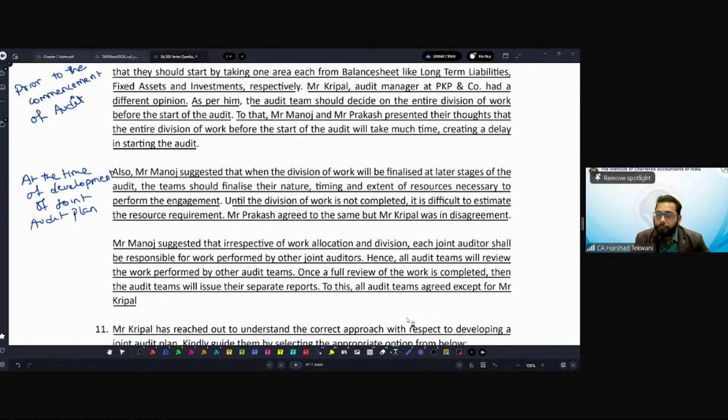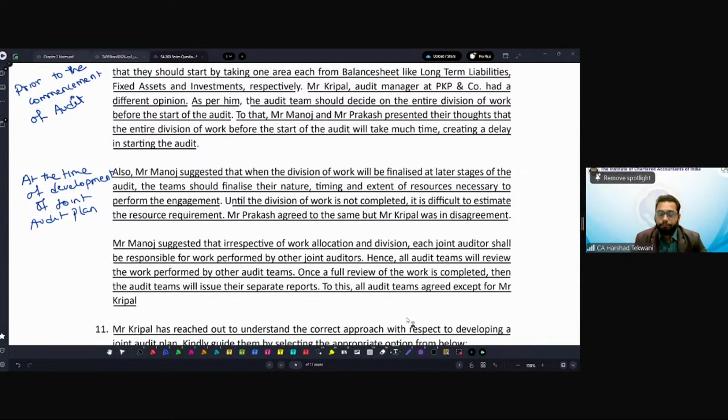They are having an issue with the responsibility that they have with the overall audit areas, and about reporting also, because when work is allocated, for each work performed by another joint auditor, he is solely responsible for that area, but for the areas which are not divided amongst them, they are jointly and severally responsible, and the work performed by other joint auditors is not necessarily to be reviewed by the others.